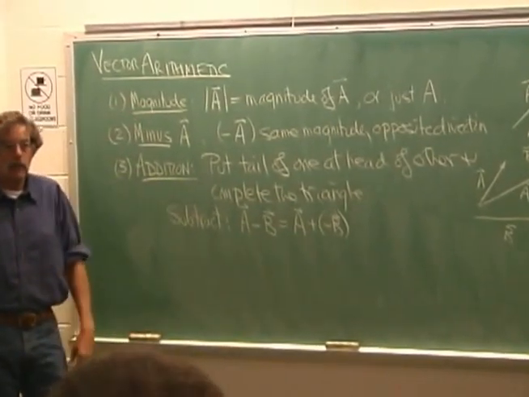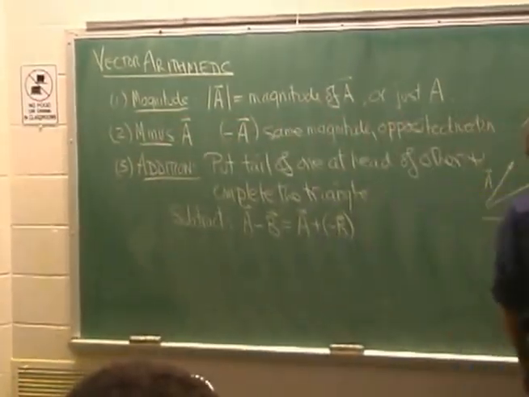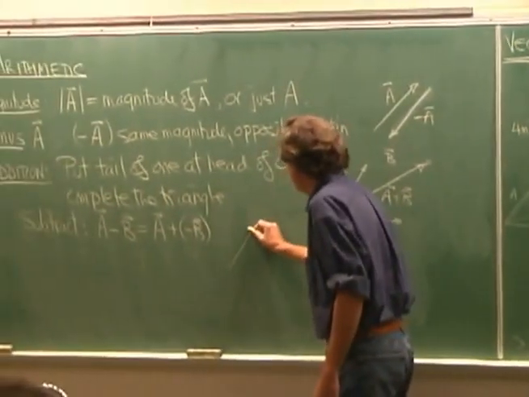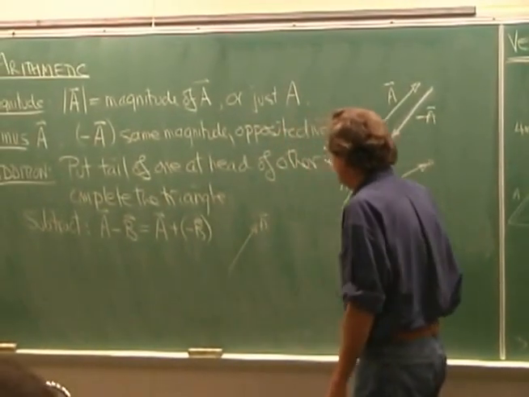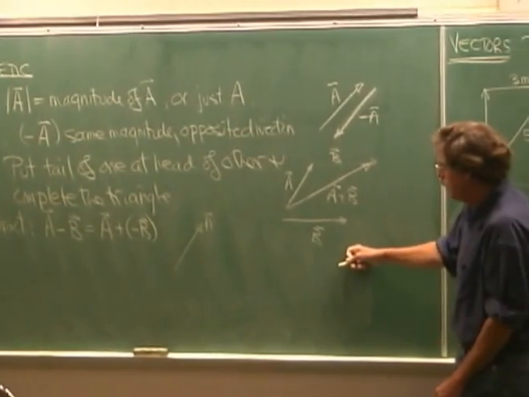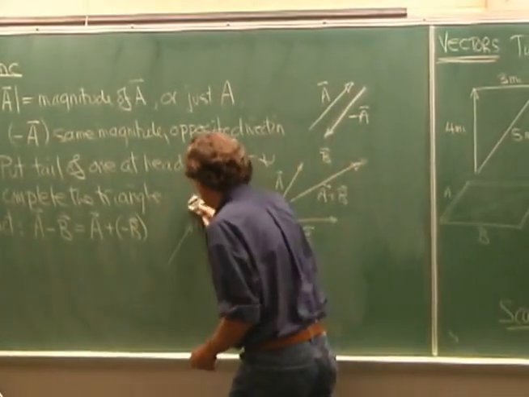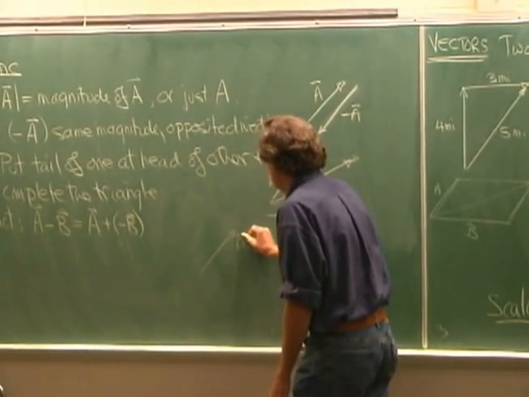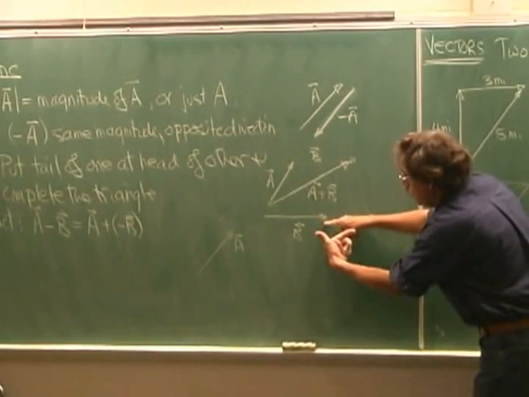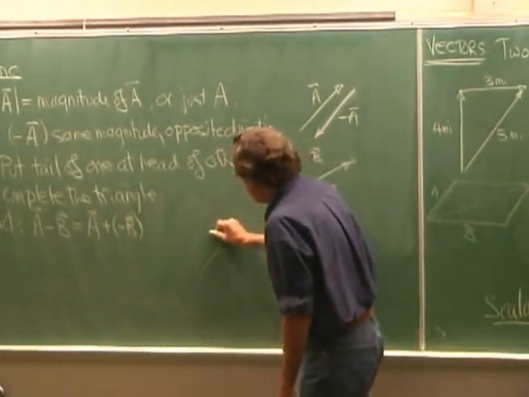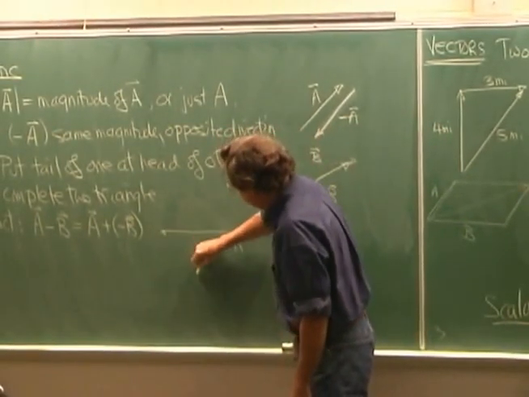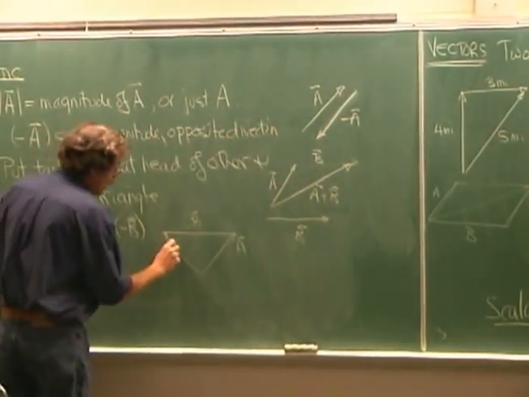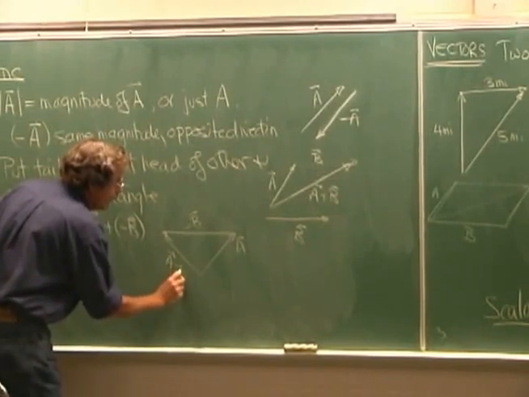So to subtract B from A, I would take A, there it is, construct minus B, move it over. Here's A. Minus B would be that thing pointing in the other direction. Stick the tail of minus B at the head of A, and it would look like that. So here's B. Actually, that's minus B now, and this is the quantity A minus B.